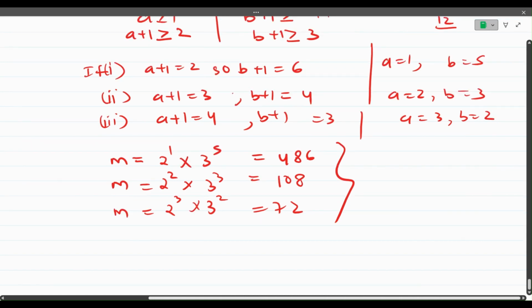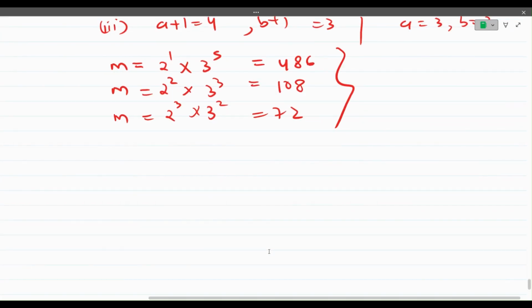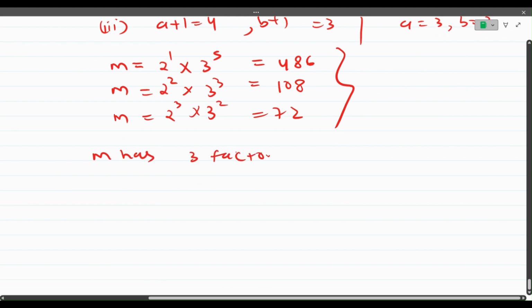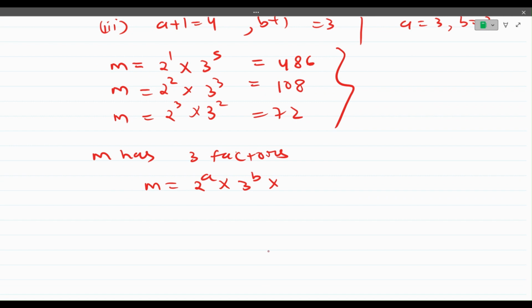What if m has exactly three factors? So if m has three factors, this is 2 to the power of a, 3 to the power of b, and there is another number which is p, let's say, and it has power c. p is a prime number.